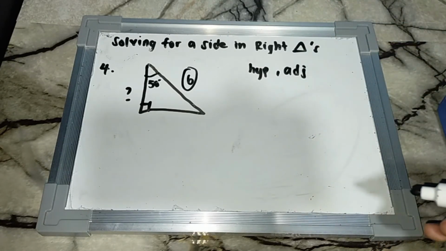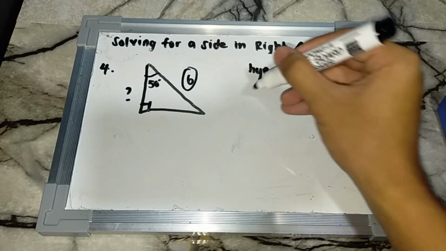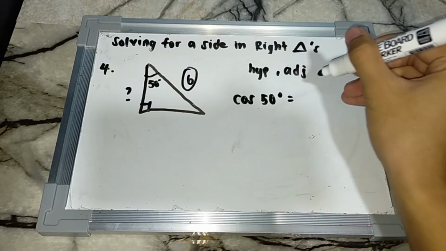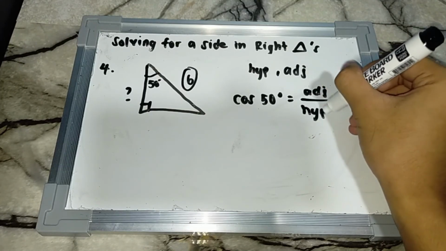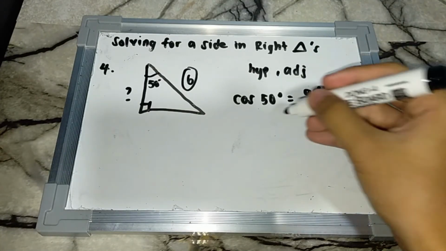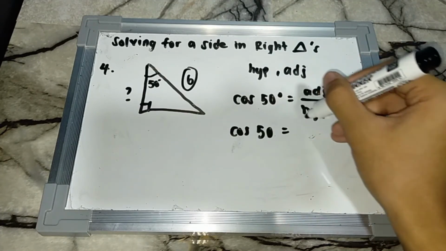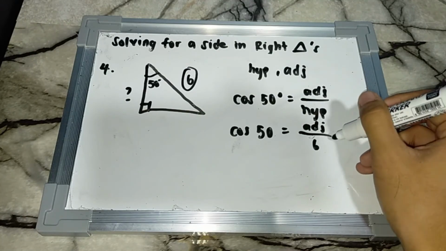So what trigonometric function uses hypotenuse and adjacent? That is the cosine. So cosine 50 degrees is equal to adjacent over hypotenuse. So substitute our values. We have cosine 50 is equal to adjacent over 6.